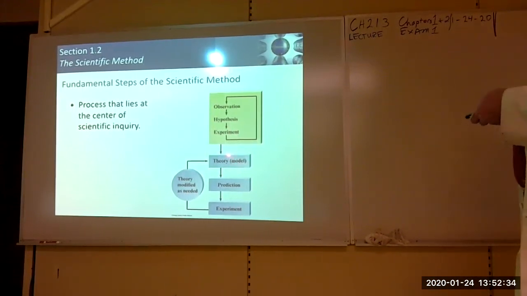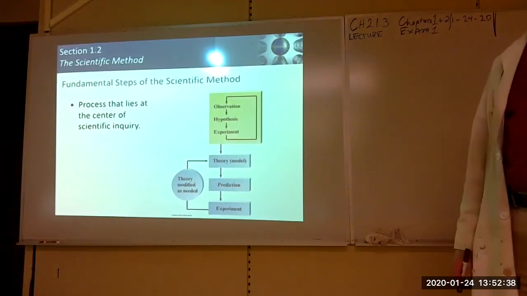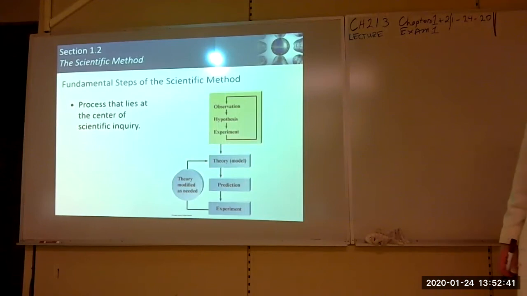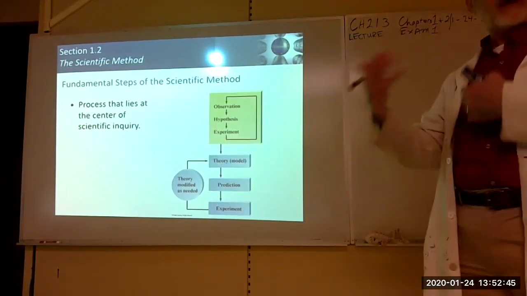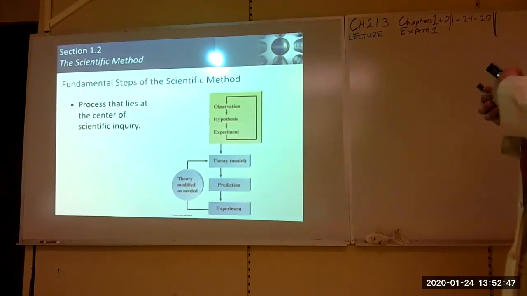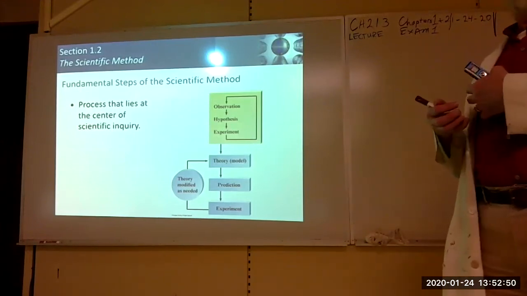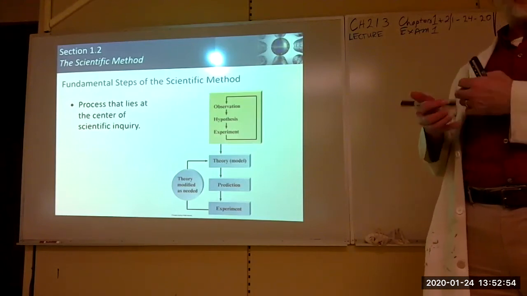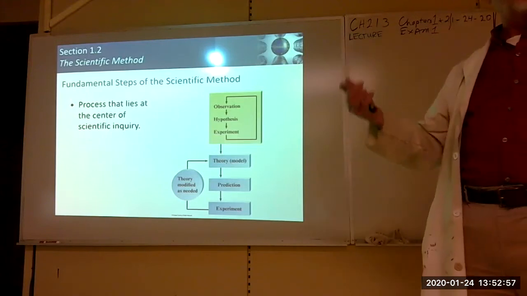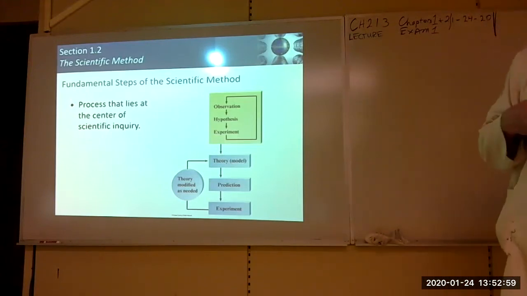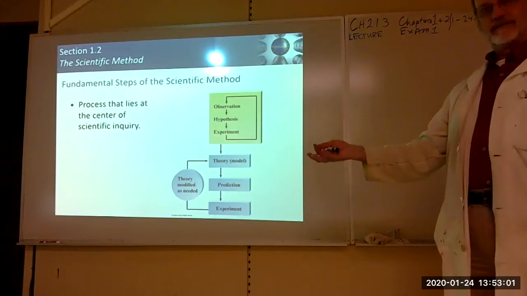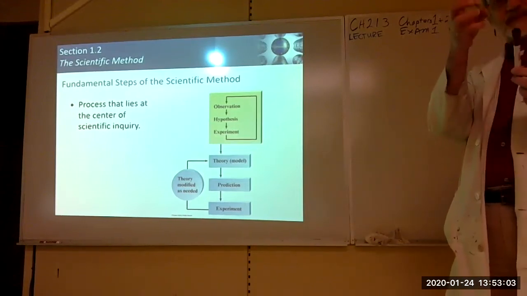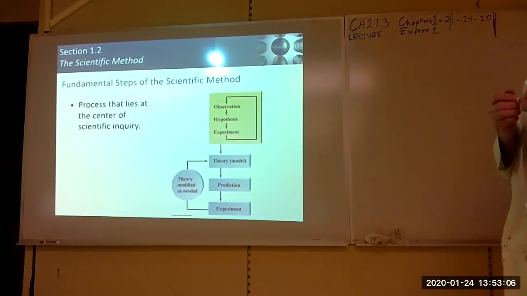Now, the advantage to a theory is that it has extreme predictive power. Right? With a theory that over time proves to be correct, you're able to more accurately predict things that are going to happen outside the realm that a law would cover. Right? So you can change conditions beyond the law's little basket and come out with reasonable results.